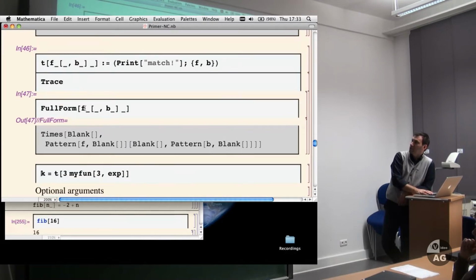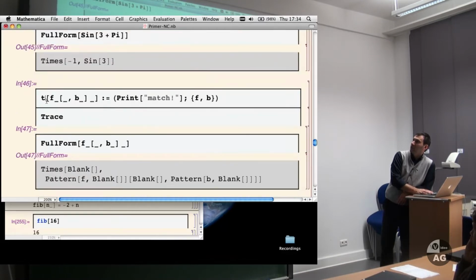So what am I matching here? It's the same function as before. We still have 2 arguments, but then there is a lonely pattern here, which I wish I could highlight. Okay, that guy. That is confusing, but if you look at the full form of this thing, now you see that there is times, a product of a blank is this guy here, and then a pattern of all the rest.